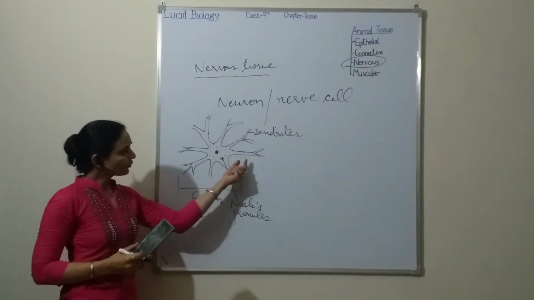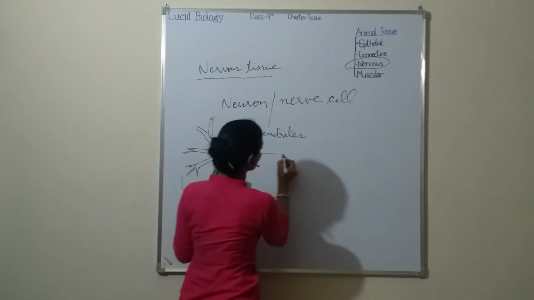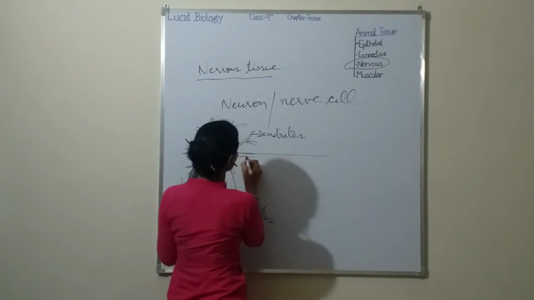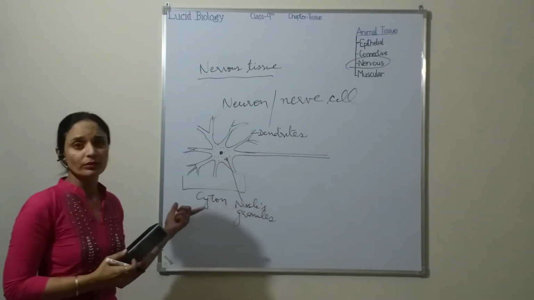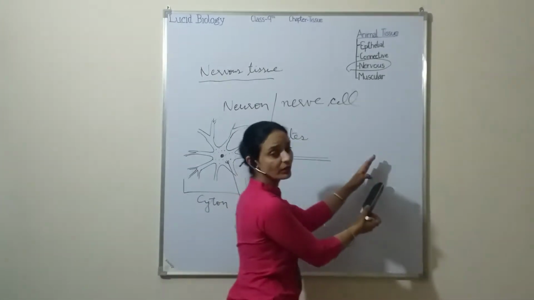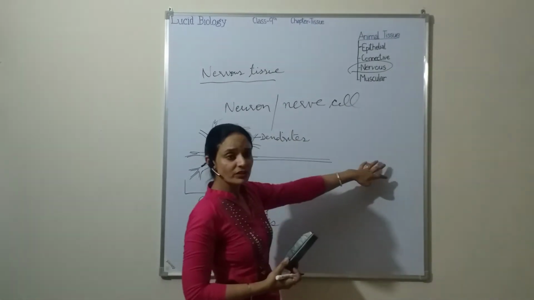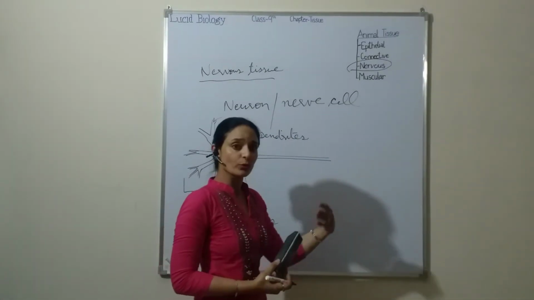Now, one of the dendrons goes very long, and we call it the axon. Actually, this neuron can be a meter long. This part receives the message and passes it to the other end, and the next neuron receives the message and passes it to the next, and this goes on.